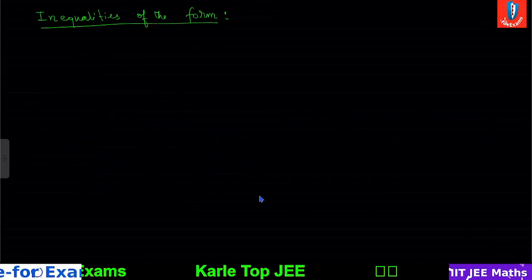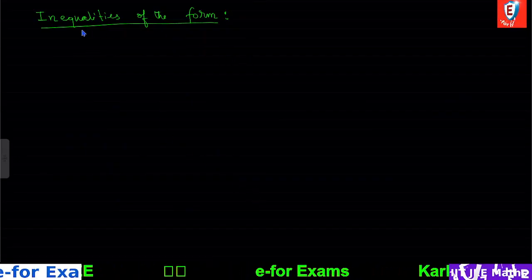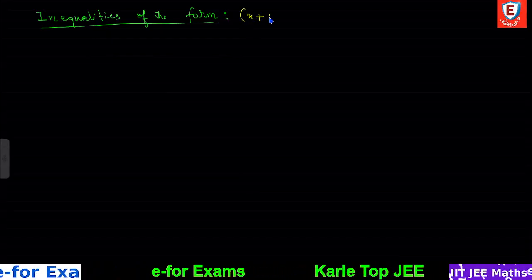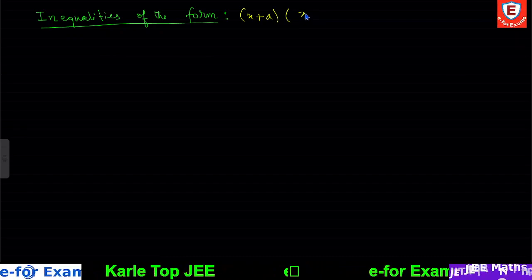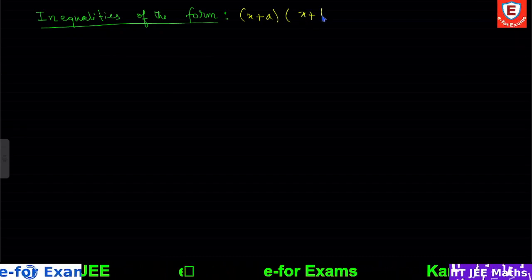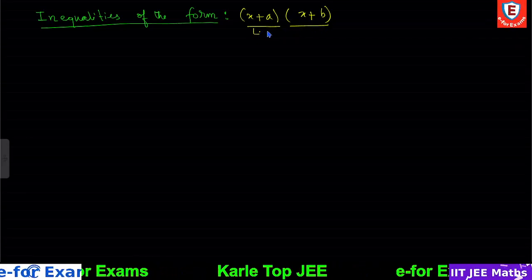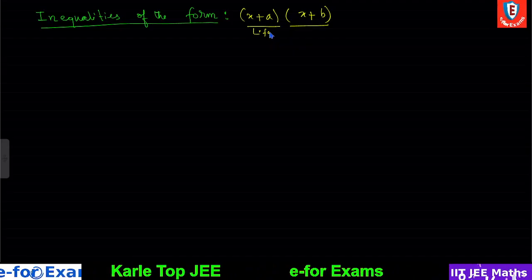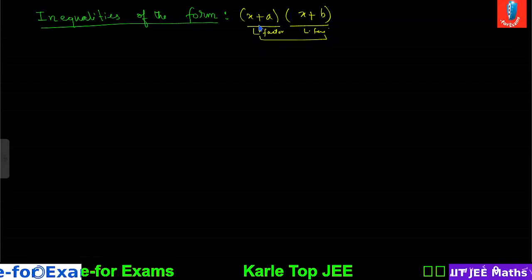Next, inequality of the form, for example, (x plus a)(x plus b). That means two linear factors, two brackets.